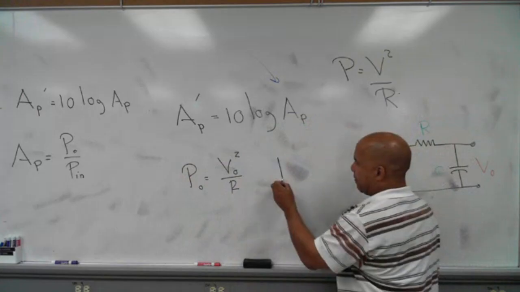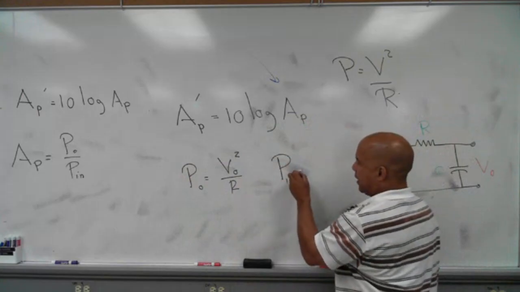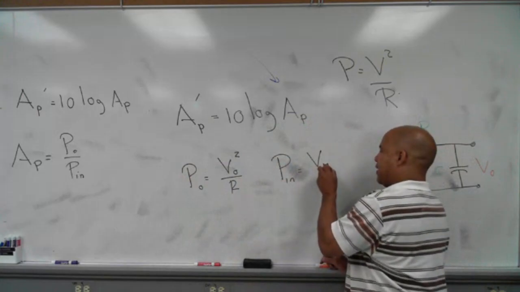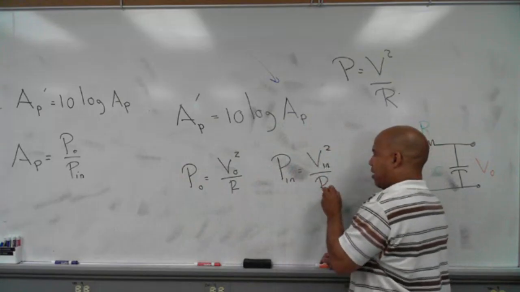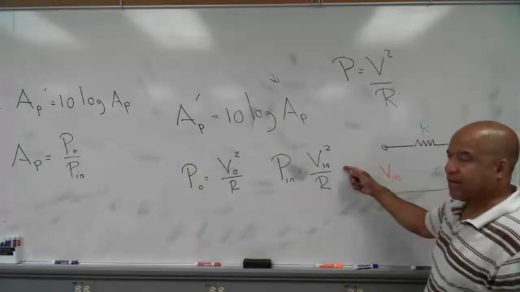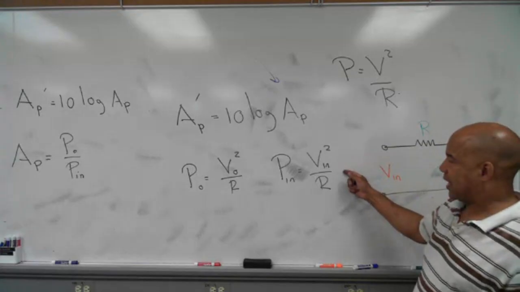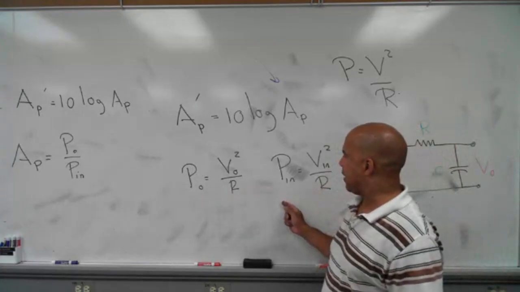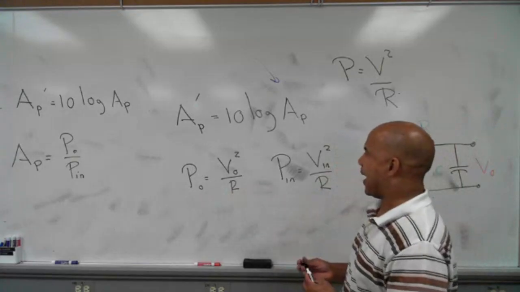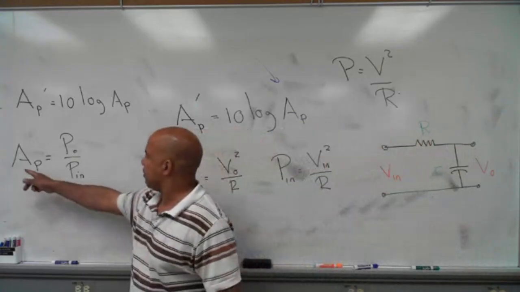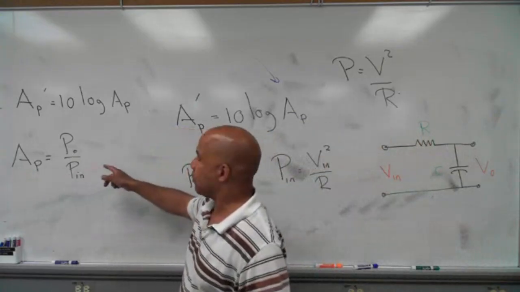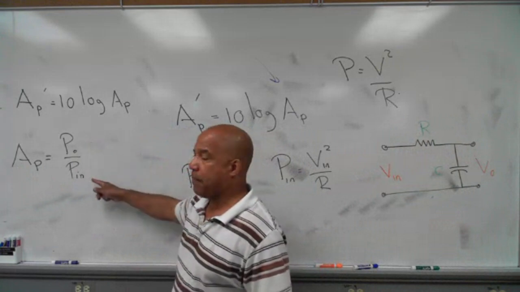And P in will just be V in squared over R, that common R, again using Watt's law. And since I have an expression for P out and P in, I can take this expression for power gain and do a substitution for P out and P in.